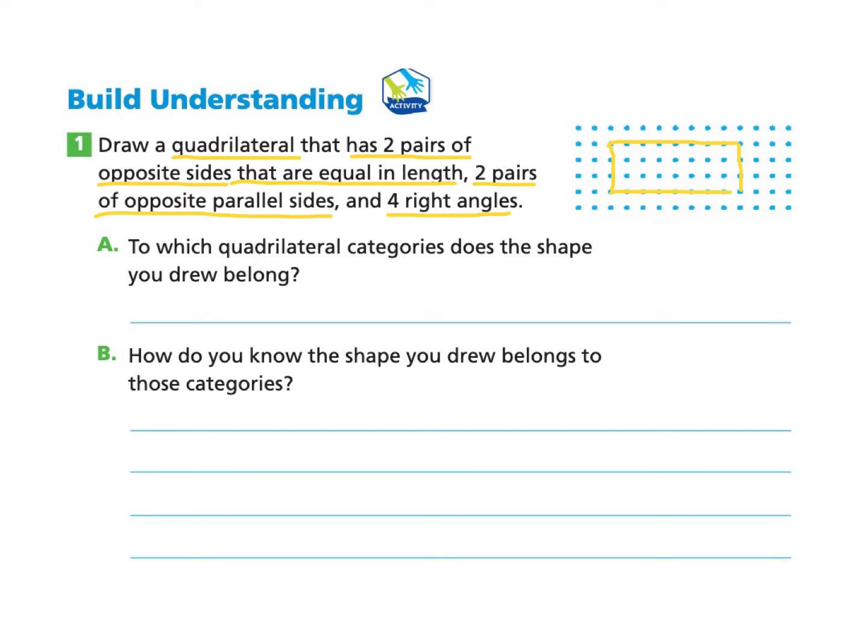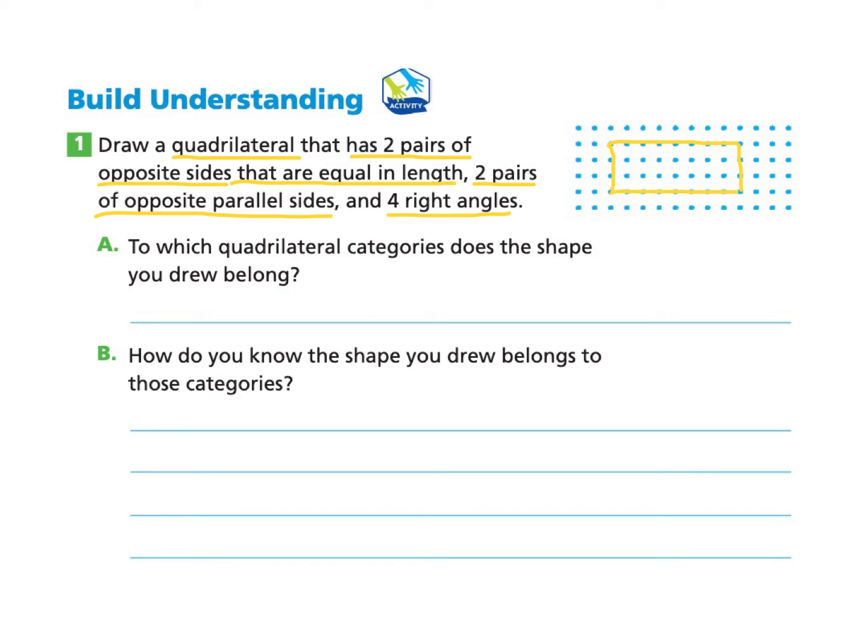Those are two equal sides. And then two pairs of opposite parallel sides, which these two are parallel and these two are parallel. So that's two pairs of opposite parallel sides. And then four right angles. So we have a right angle here, here, here, and here.